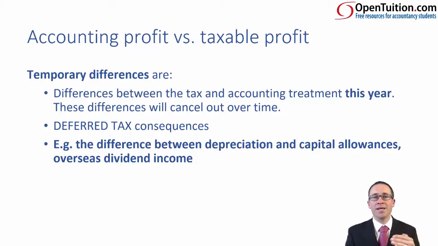That goes into PBT on an accruals basis, doesn't it? However, it will only get taxed when it is received, isn't it? So if you accrue it this year but don't receive it until the next year, then there will be a future tax consequence, won't there, next year when we pay the tax on the dividend. But we're going to recognise that tax on the dividend this year because that is when the dividend arises.